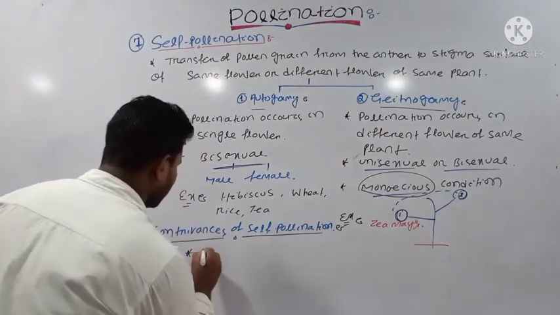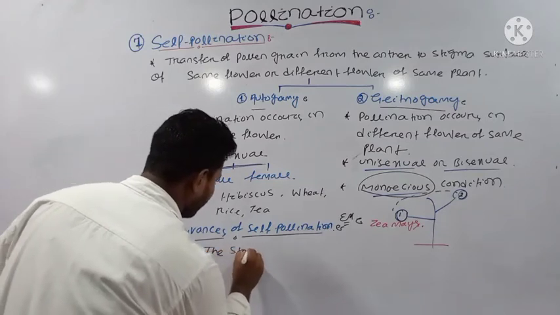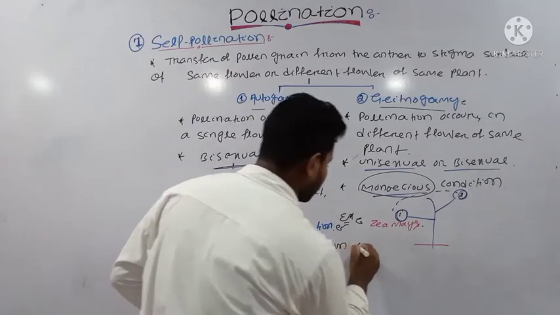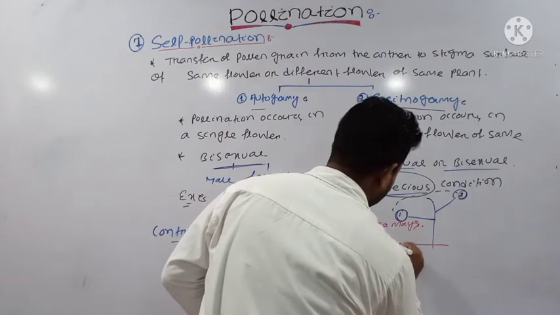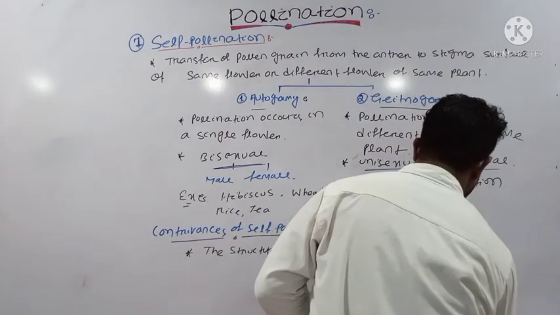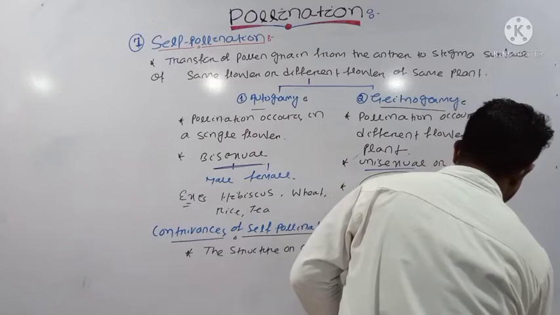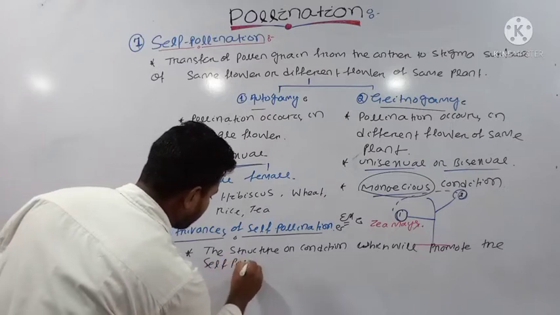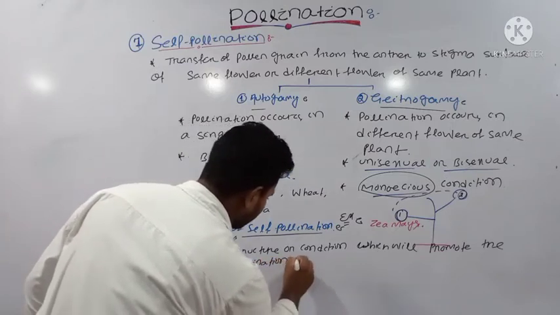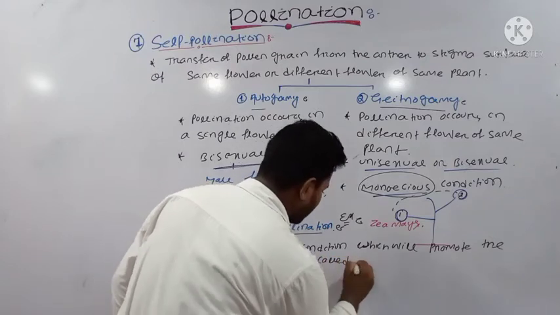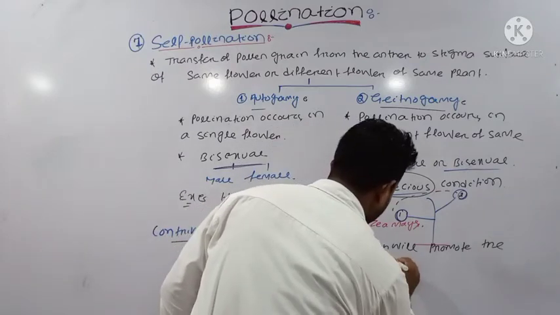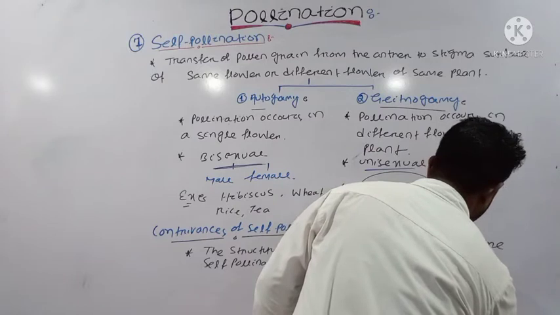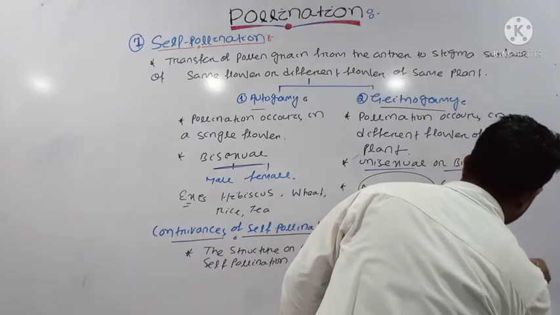Contrivances are the structures or conditions which promote self-pollination.